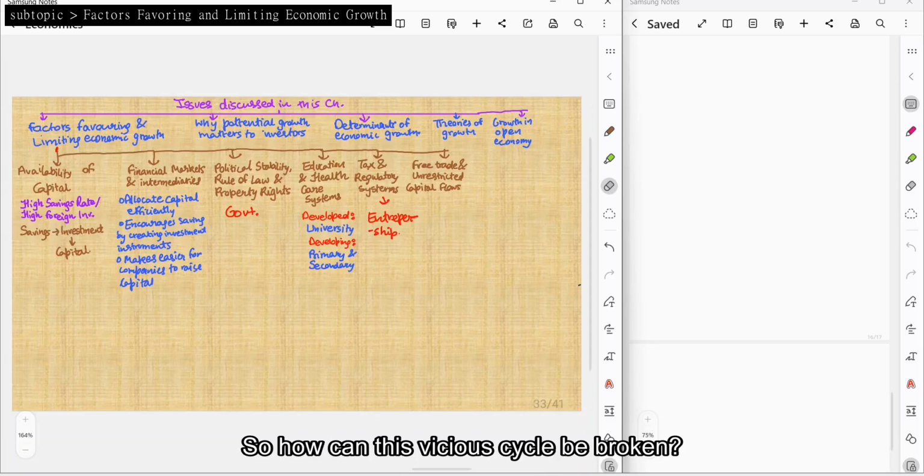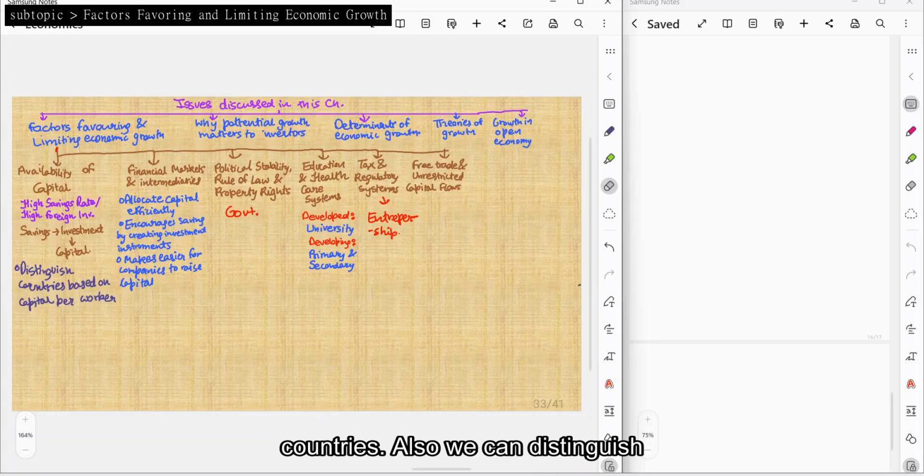So how can this vicious cycle be broken? It could be broken by higher savings rate or higher investment from foreign countries. Also, we can distinguish countries based on capital per worker as developed or developing. Developed countries have high capital per worker while developing countries have lower capital per worker.